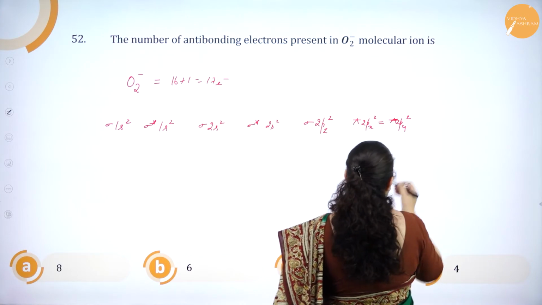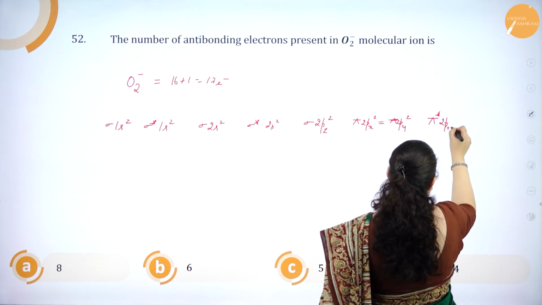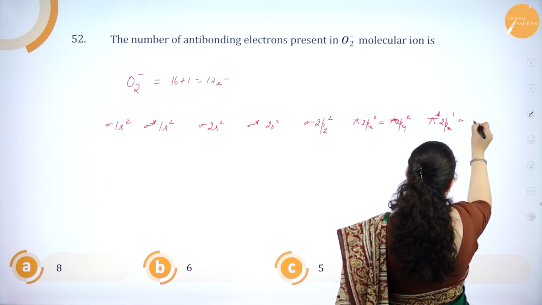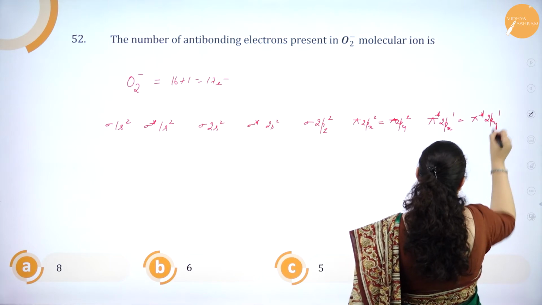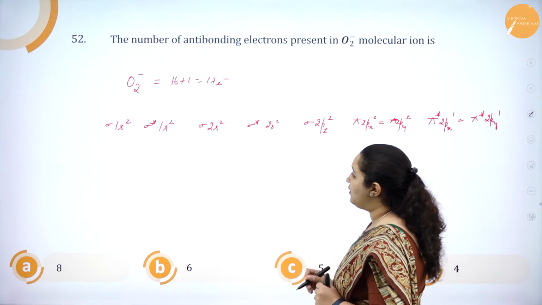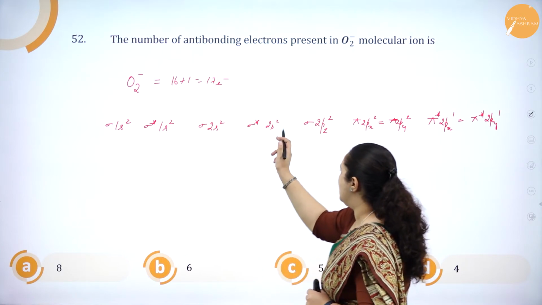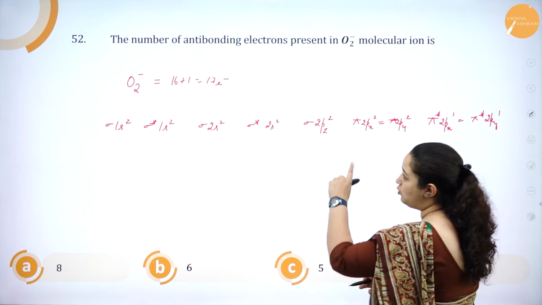Then we have pi star 2px1, which is equal to pi star 2py1. This is for the oxygen molecule O2. You can see 2, 4, 6, 8, 10, 12, 14, 15, 16. But it is O2 minus.